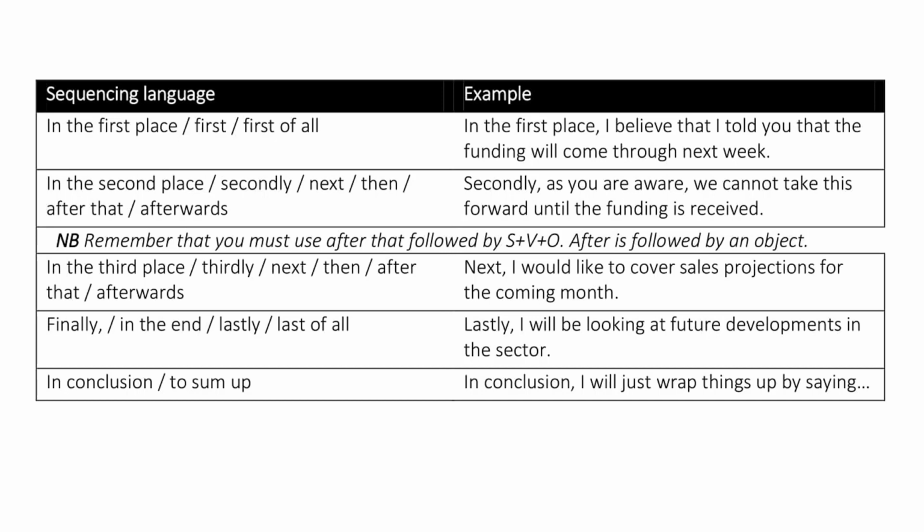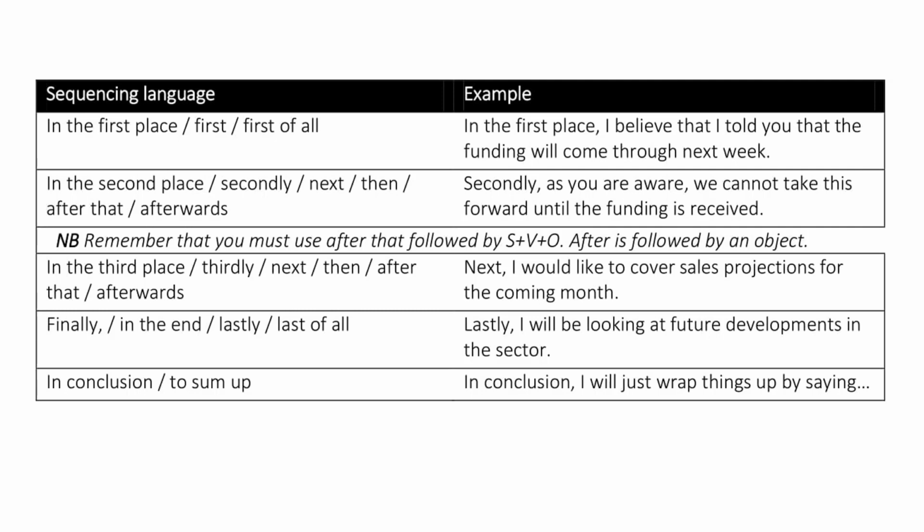Now, I'm going to just quickly explain something which is important, okay, because it's a very common mistake. Remember that you must use after that, okay, so the expression after that, which must be followed by a subject, verb, or object, whereas after is only followed by an object. So you can't really use after, después, okay, as a sequencing word, okay?